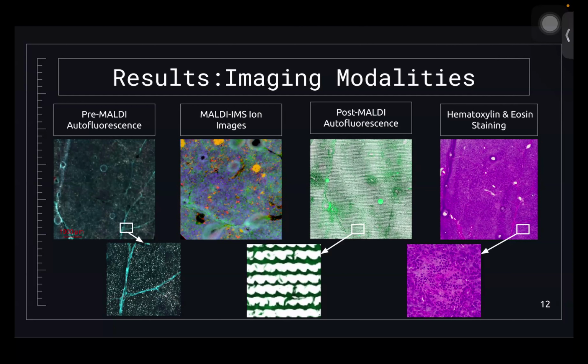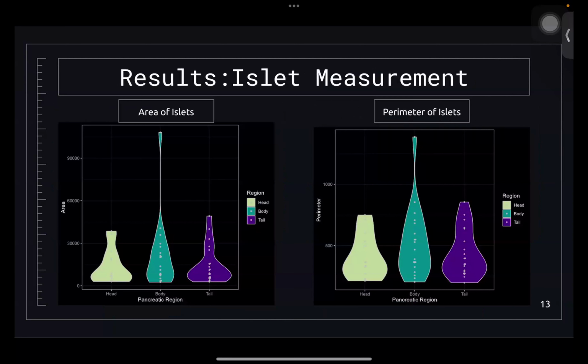So now into some of the results of the experiment I was doing. So to determine differences, one thing we first decided to do was get the measurements, the size of the islets, and see if that differs in the head, body, and tail region.